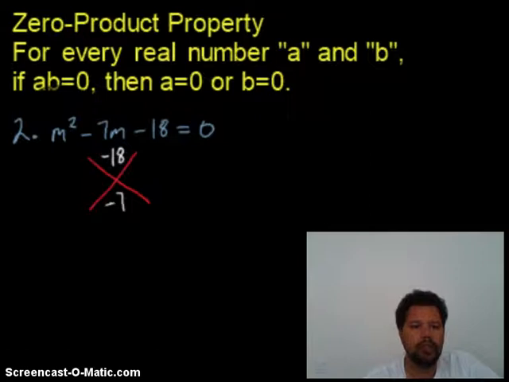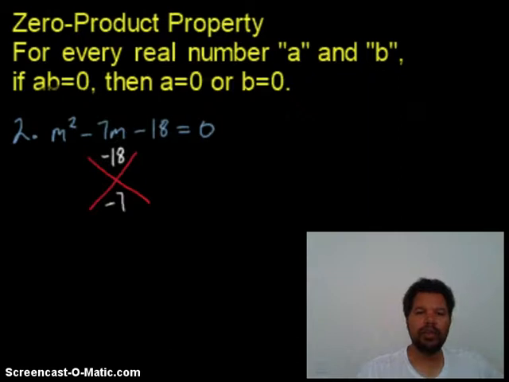So once again, the rules to fill out this X is we want the factors of negative 18, the numbers that multiply to be negative 18, that give us negative 7. So let me think of some of the factors of negative 18. Negative 18 could be negative 18 times 1. It can be 18 times negative 1.